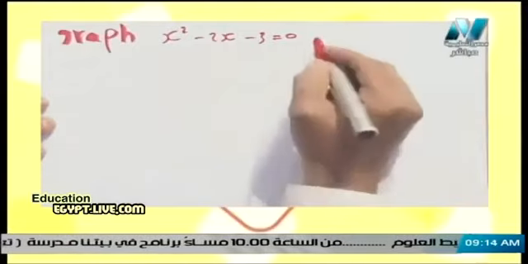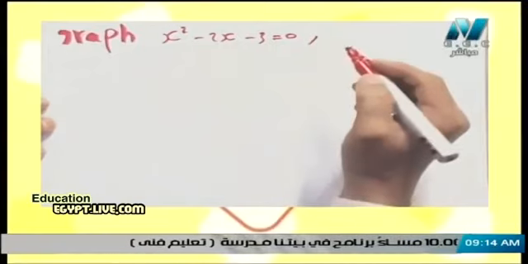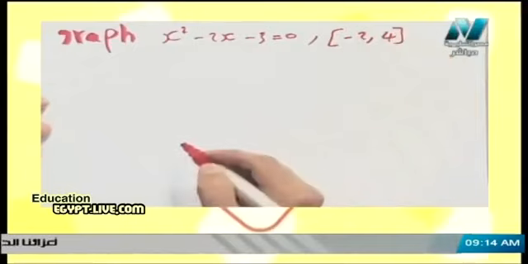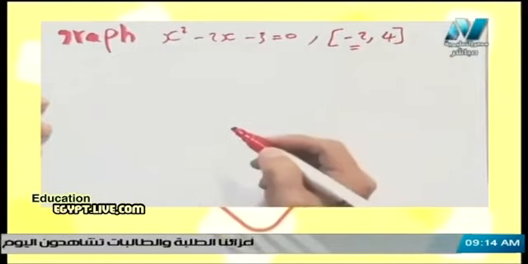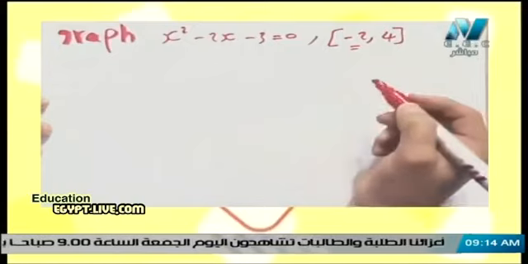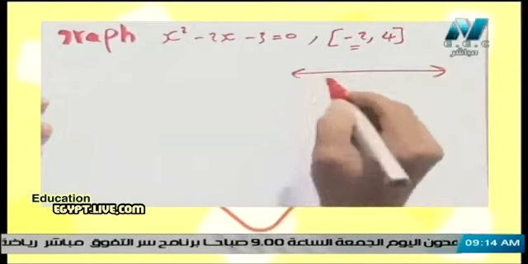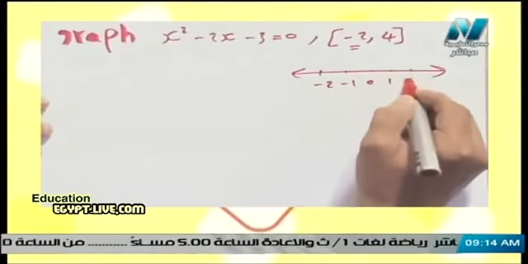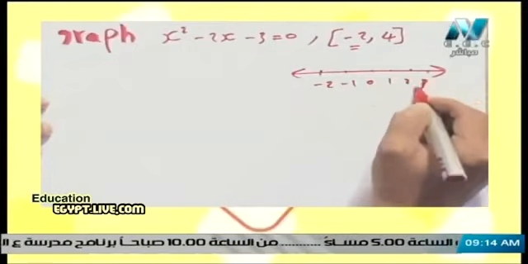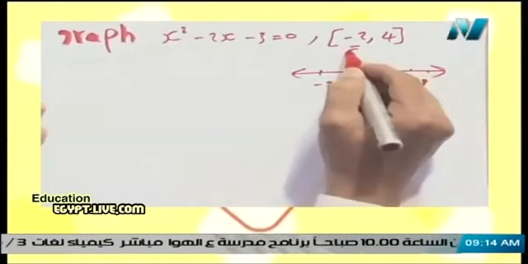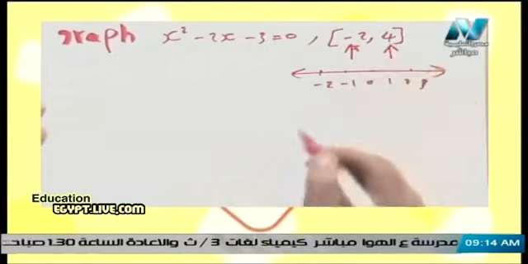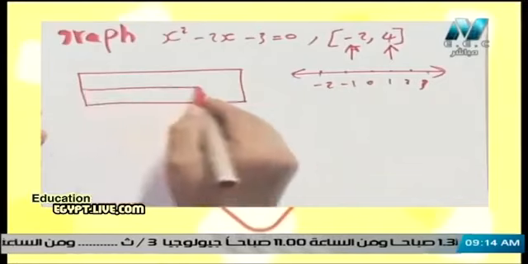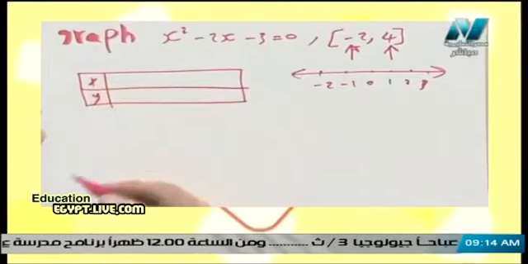The interval we use is from -2 to 4. So we will substitute x by -2, -1, 0, 1, 2, 3, and 4. Okay, we start with -2 and we end with 4. So we will have a table like that, x and y.